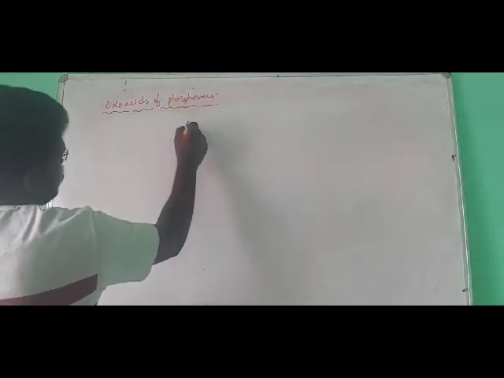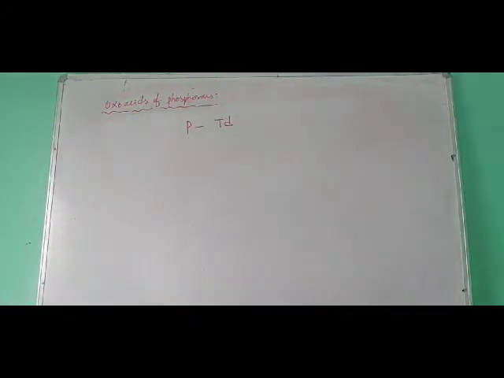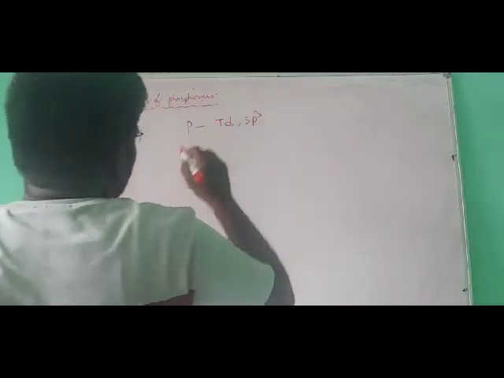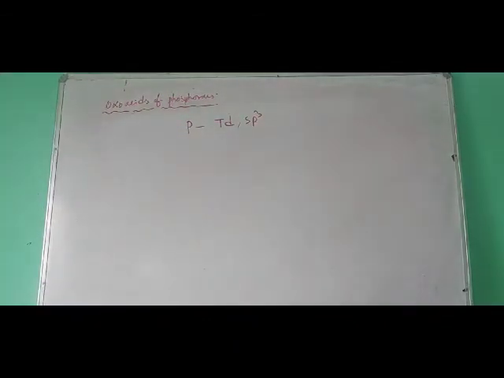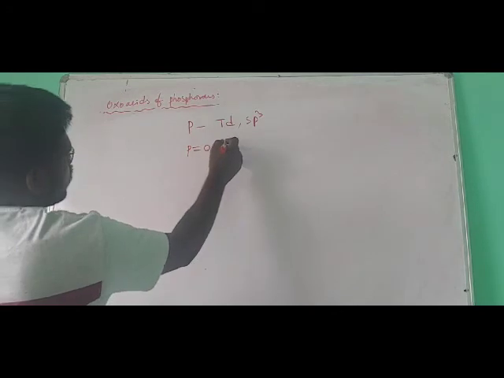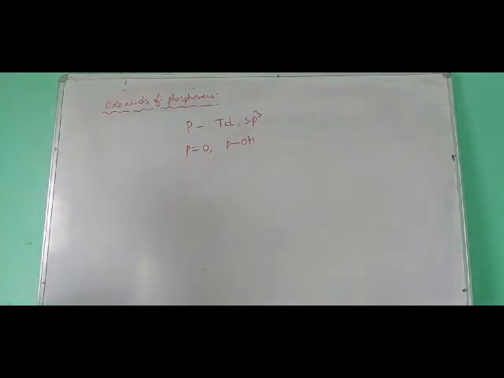So right guys, this is about oxo acids of phosphorus, and when you observe all the oxo acids of the phosphorus atom, each has tetrahedral geometry, and that one undergoes sp3 hybridization. And next, in each acid there is at least one P double bond O bond, and at least one POH bond is present.